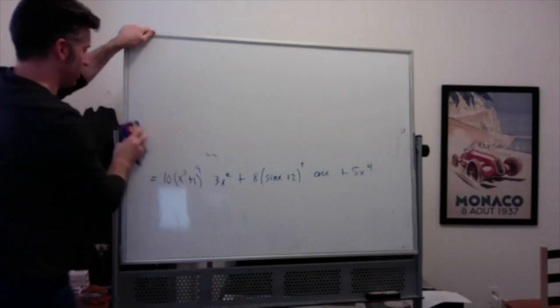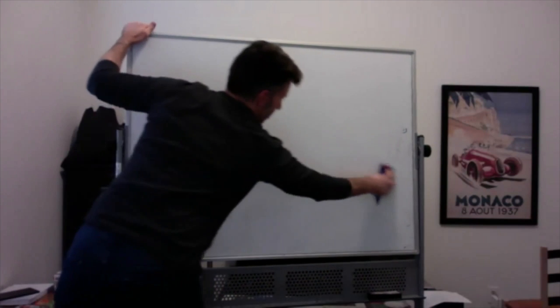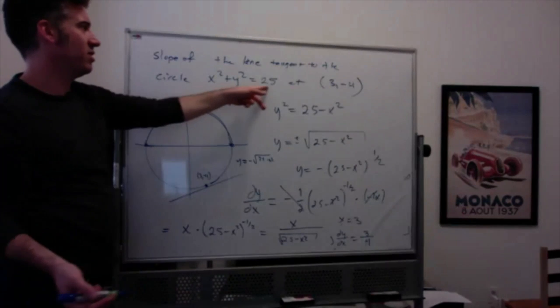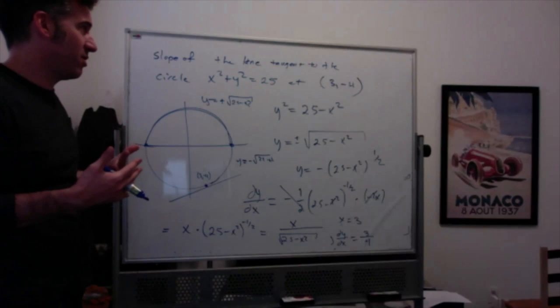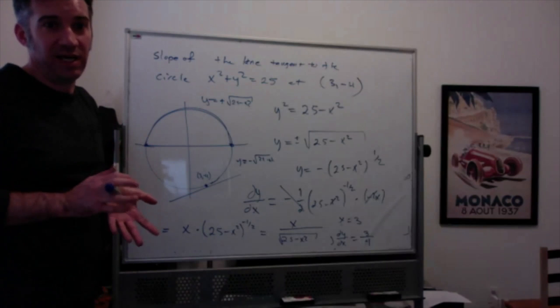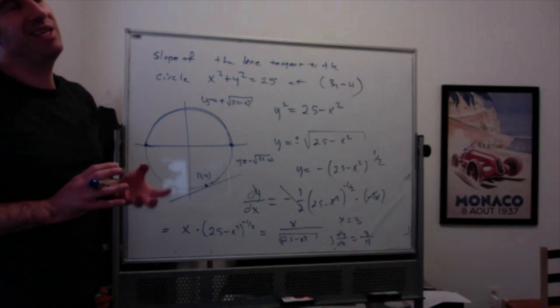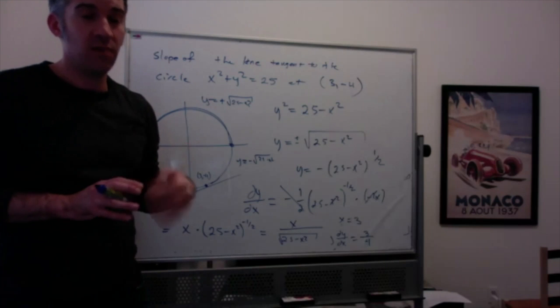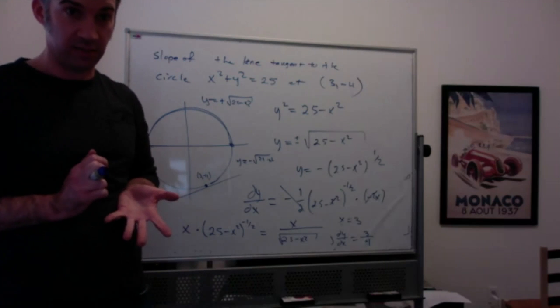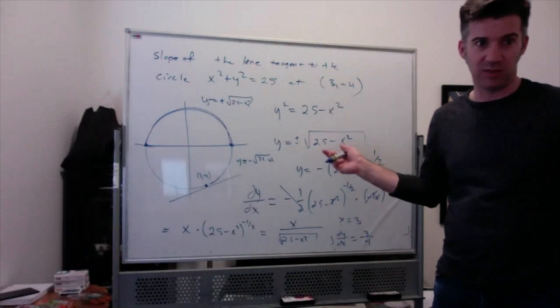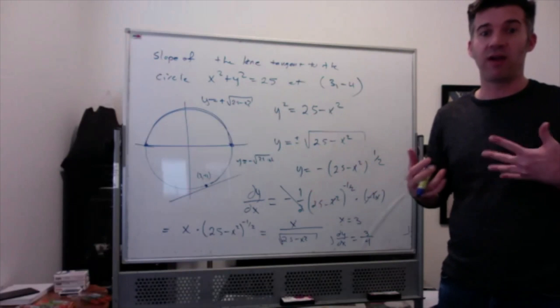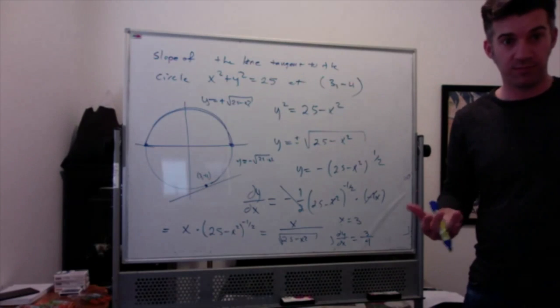One of the reasons it's called implicit differentiation is because when you write this equation, x squared plus y squared equals 25, it is implied, but we can't really find explicitly, that y is a function of x. Y technically is not a function of x, but y certainly depends on x, right? Y is equal to plus or minus the square root of 25 minus x squared. So when you know x, you have a very good idea of what y might be.